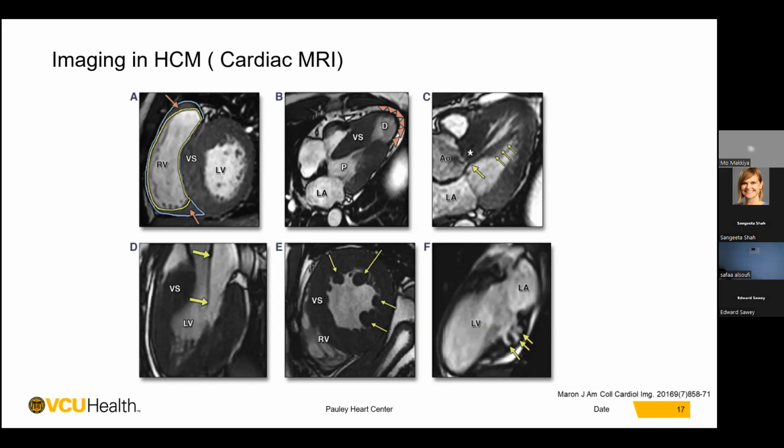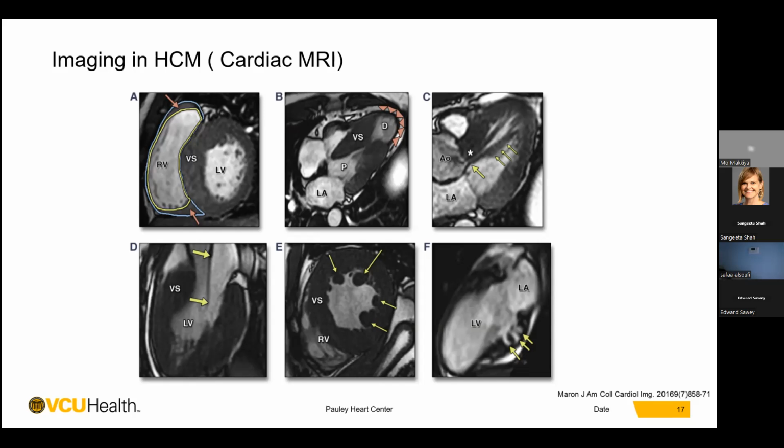And in picture C, we can see the anomalous direct insertion of the anterolateral papillary muscle into the anterior mitral valve. And MRI can evaluate the associated papillary muscle abnormalities, and that really helps also in surgical planning.